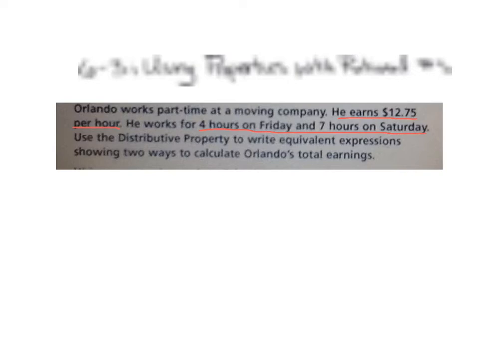So here we go. We have 2 different amounts of hours. We have 4 hours and we have 7 hours, okay? He gets paid $12.75 per hour no matter whether he's working Friday or Saturday. So we're going to set up the distributive property. 4 times $12.75 is what he gets paid Friday. 7 times $12.75 is what he gets paid Saturday.